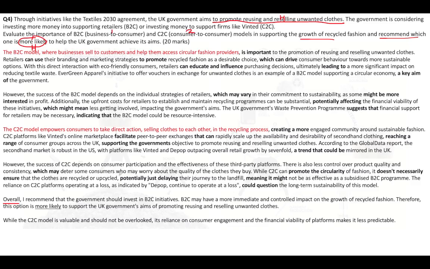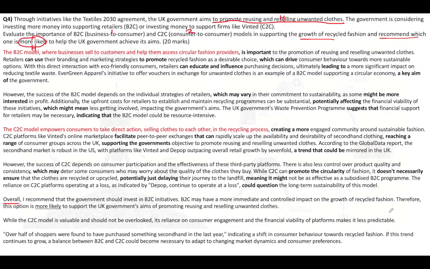We also don't know what they're doing with the clothes because we can't actually legislate and monitor it or link it into the funding, for example. And we're talking about more likely, and here less predictable. Okay, this basically says C2C in principle is pretty good, but we might have more of a chance of predicting the impact if we support B2C. It's a good justification.